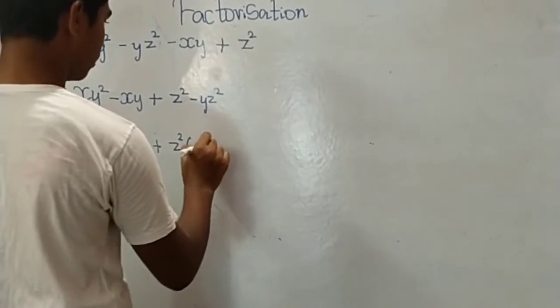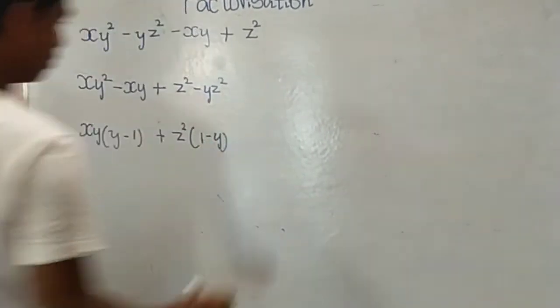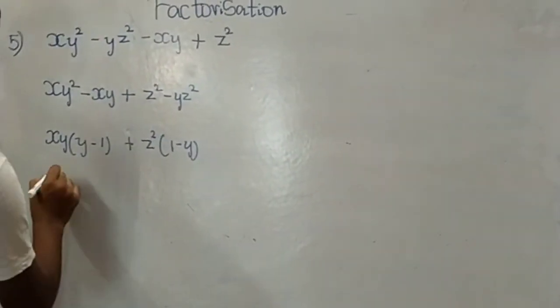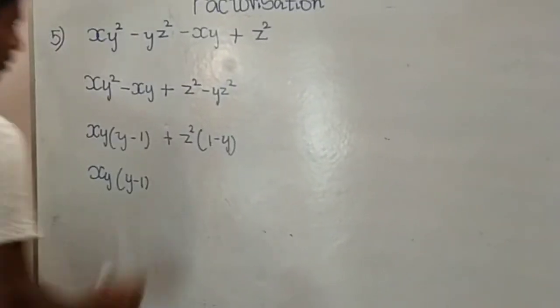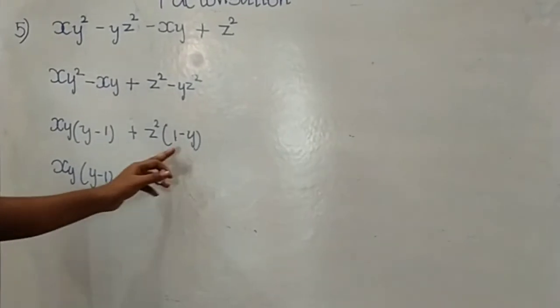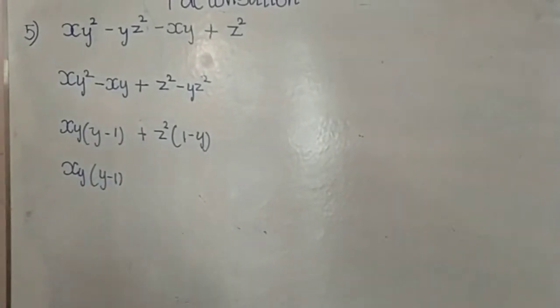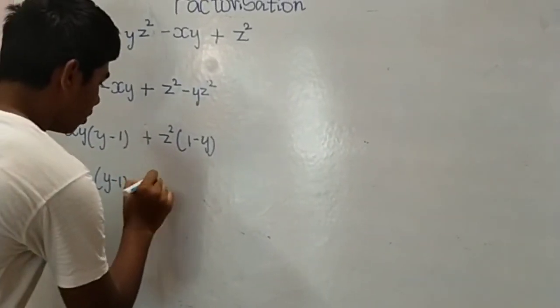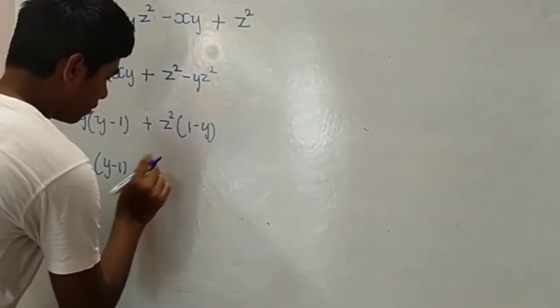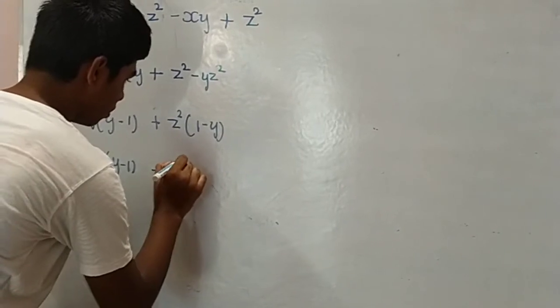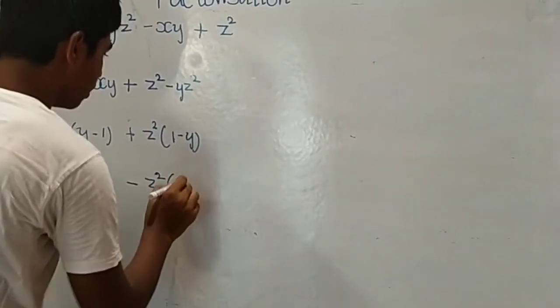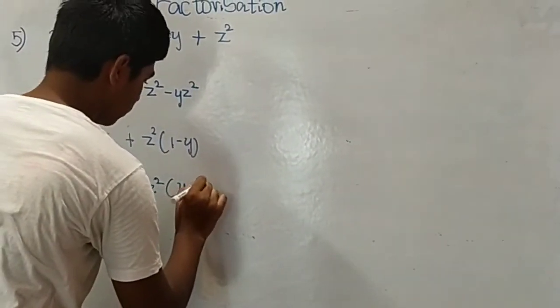Minus 1 minus y, we convert 1 minus y into y minus 1, which means we change the plus into minus: minus z square into y minus 1.